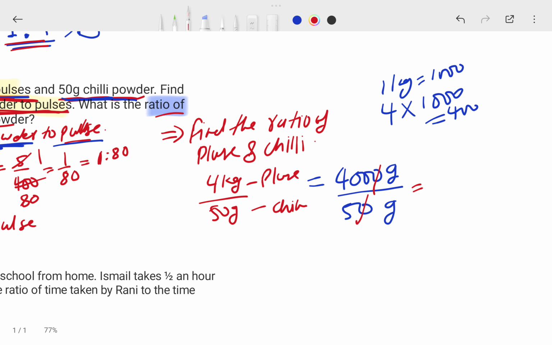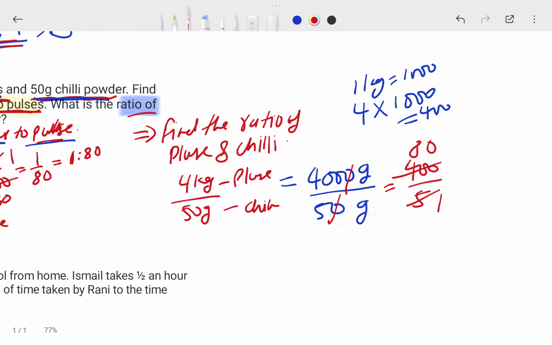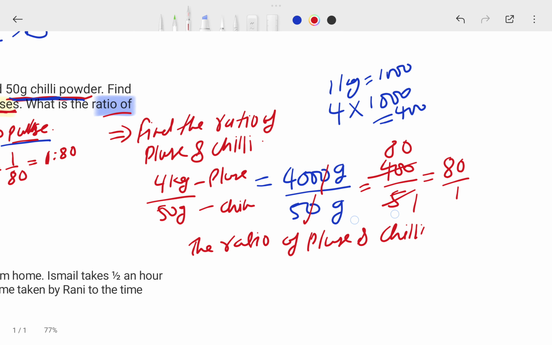What is left is 400 by 5, which is 80 times. So 80 by 1 is left. Generally, if you want to write this as a ratio, here I'm writing the ratio of pulse and chili. What is the ratio?